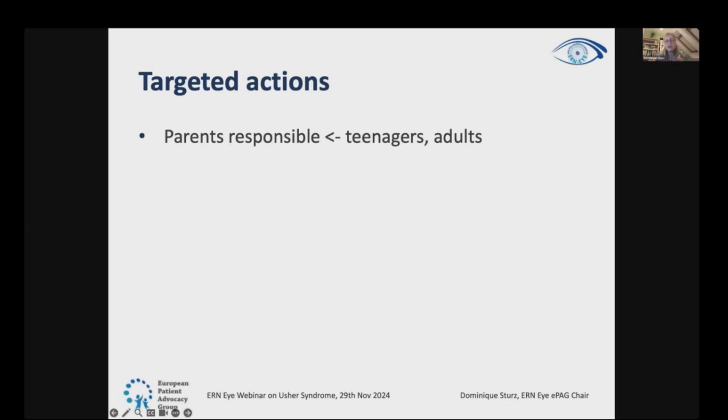And the other side, and that still happens today a lot in some countries and in some places, is that especially teenagers or young adults who have been diagnosed late receive a devastating diagnosis in a stage of life where, imagine a teenager having their head full of dreams and visions and plans for their life. This is much more devastating than having the early diagnosis in the family and the parents preparing the environment for the children.